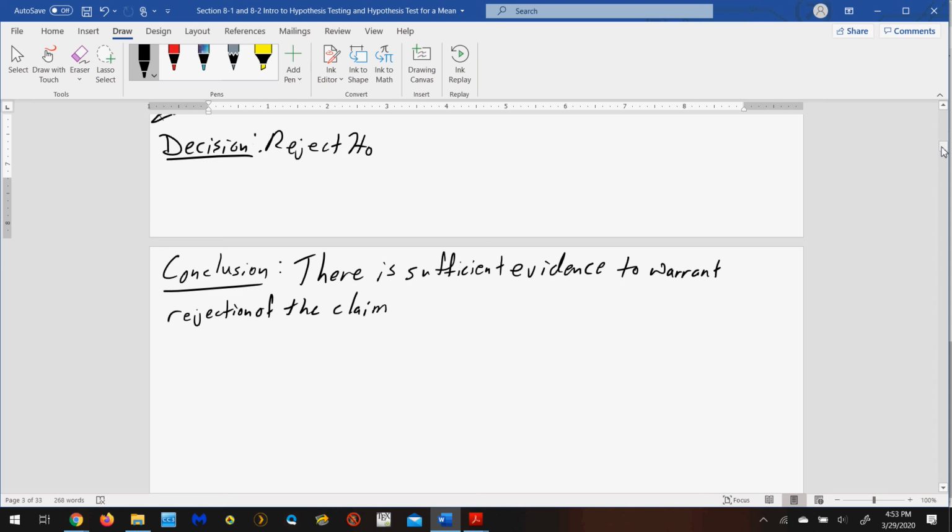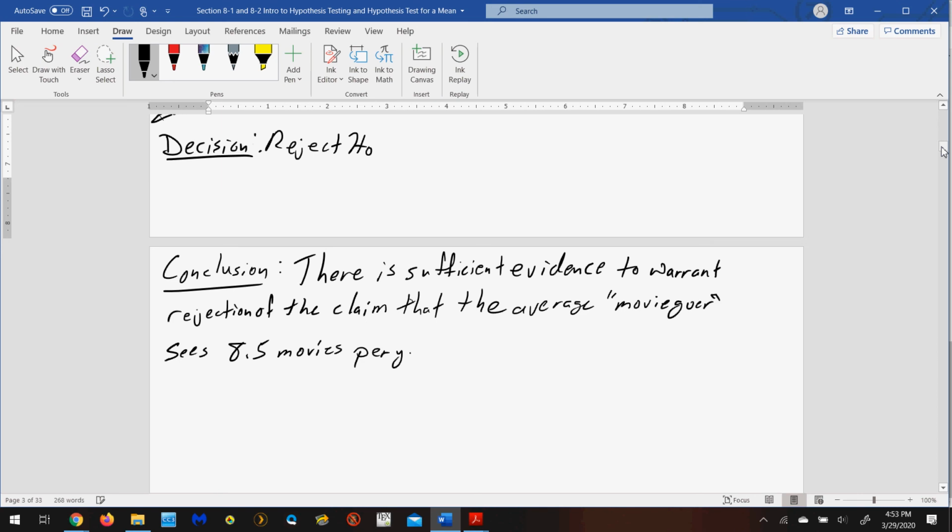I can't just write rejection of the claim mu equals 8.5. If you write mu equals 8.5, whoever's reading this has no idea what mu equals, and no idea what 8.5 equals. So you're going to have to go back and reread and say, claim that the average moviegoer sees 8.5 movies per year.